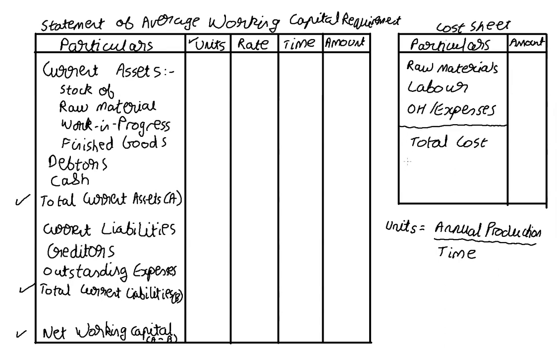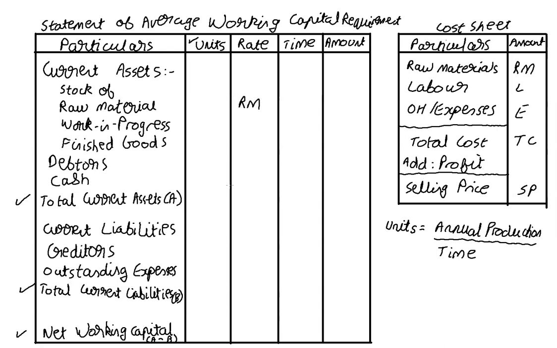To that, we factor profit and end up with selling price. Now, to make things short, maybe we can call this RM, we can call this L, we can call this E, TC, SP. So raw material rate is going to be whatever we have placed in RM, and that same rate will apply to creditors because you have taken raw materials from your suppliers on credit. They are the ones who become your creditors.